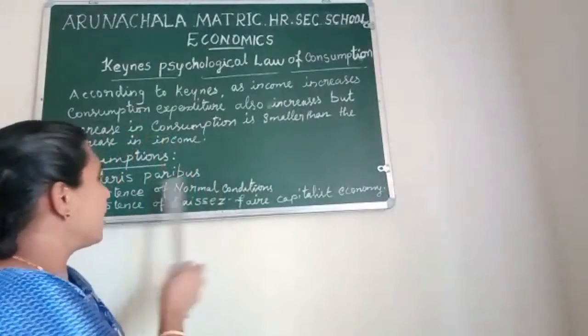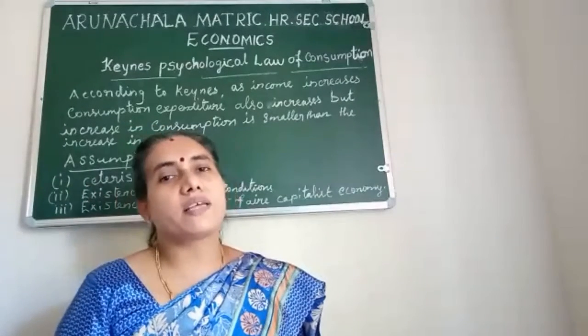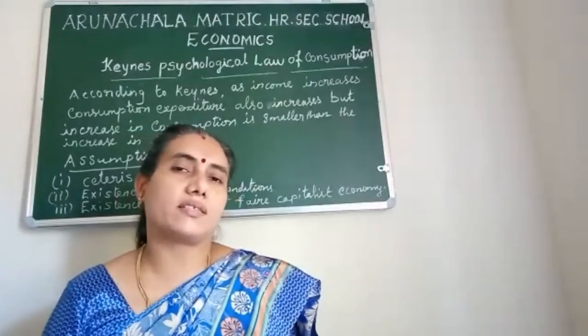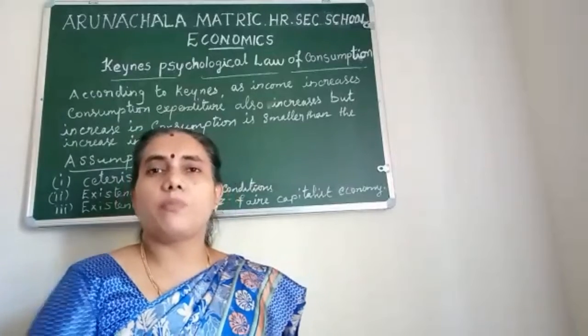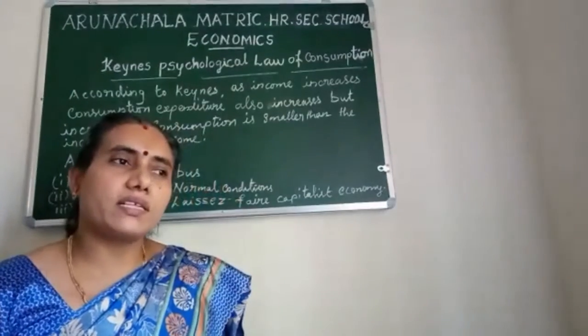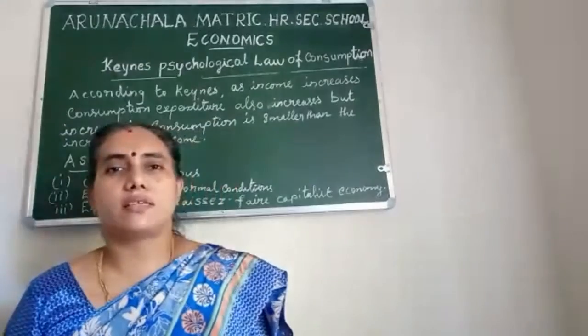The next one, existence of normal conditions. The law is applicable only for the normal conditions. What is the abnormal condition? Abnormal conditions like war. So it will not be the normal condition of the economy.